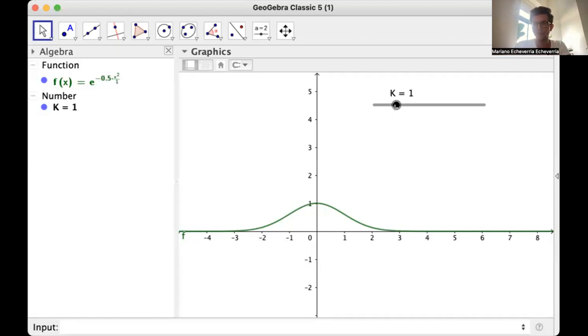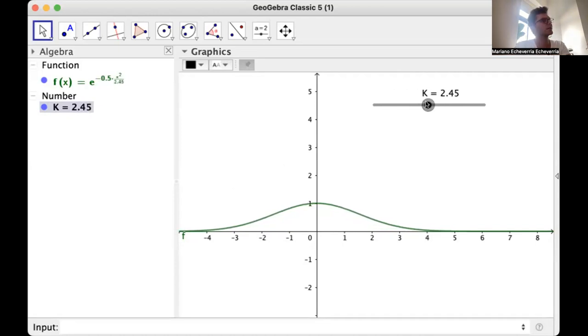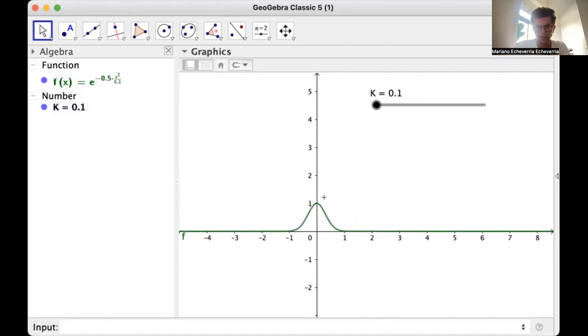So this is the plot when k equals 1, and if you start increasing the value for k, you are flattening the curve, or what should be spreading it out more. Maybe that's a better way to put it. And if you start decreasing k, it starts concentrating a lot close to the origin.